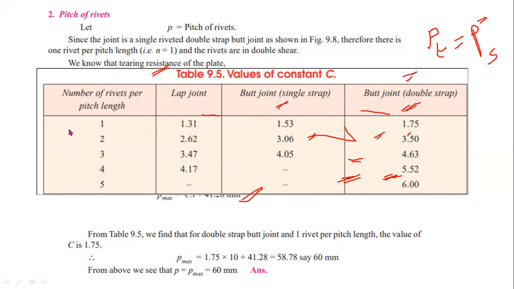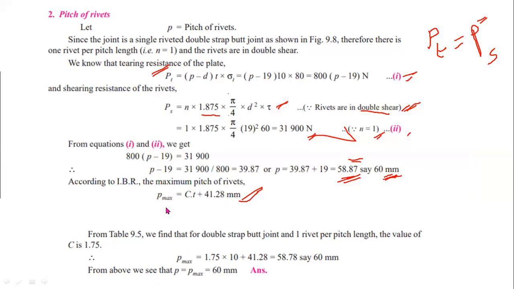So from the standard table, I selected capital C equal to 1.75, and this 10 mm is the thickness of the plate, plus 41.28. Here 58.78 is also nearest to 60 mm. So you can select 60 mm as the maximum pitch or safe pitch.